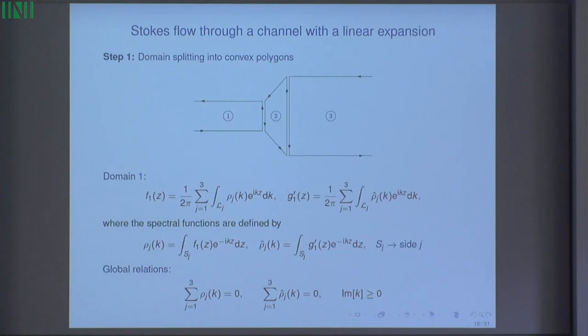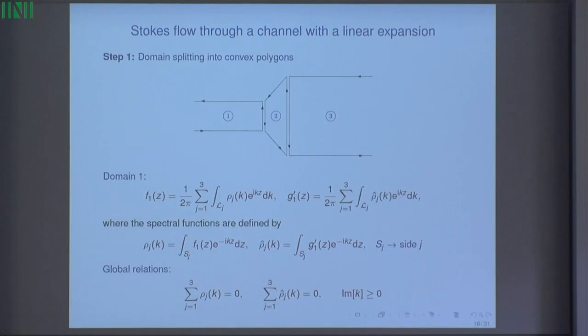We have these representations where f1 of z, for example, here is a sum of integrals of these spectral functions, and these spectral functions are the transforms of your data along side 1, side 2, and side 3. Same for g. So we want to find these functions. If we can find rho j and rho j hat, we can put them back here, find f and g, and we have solved the problem.